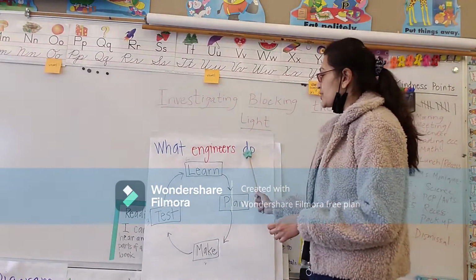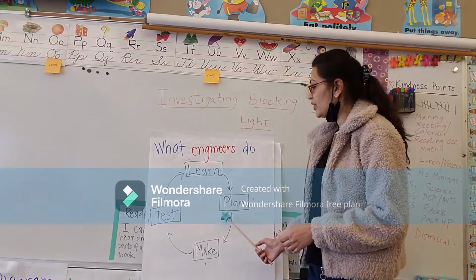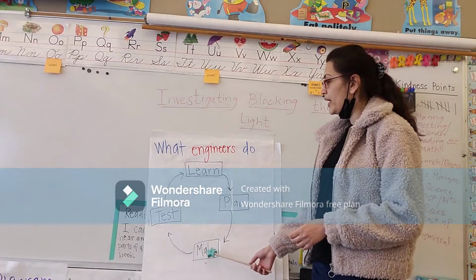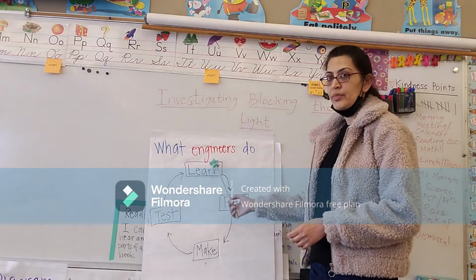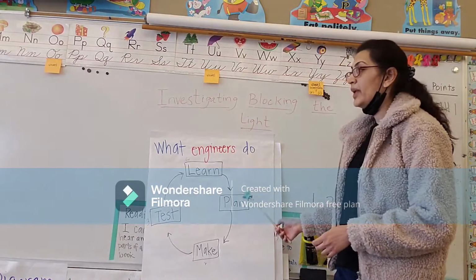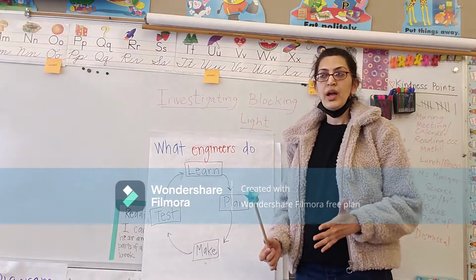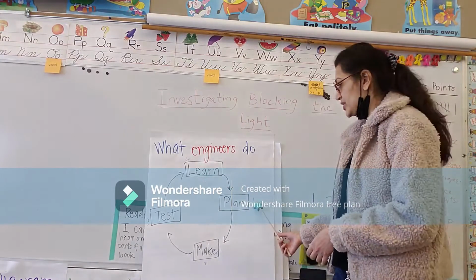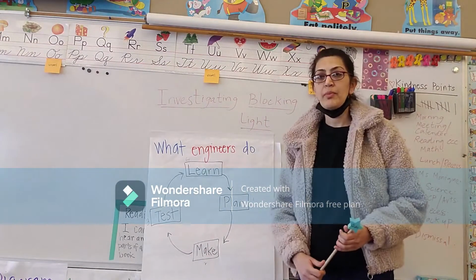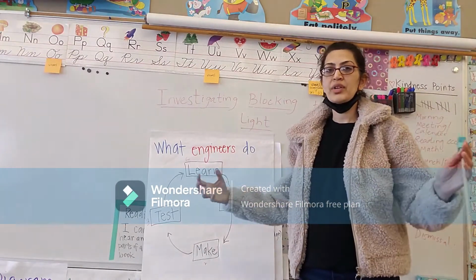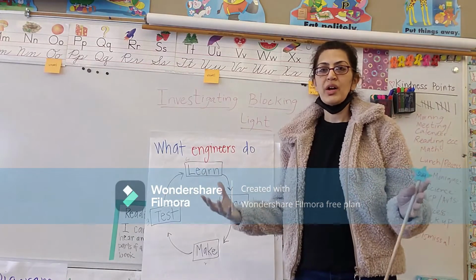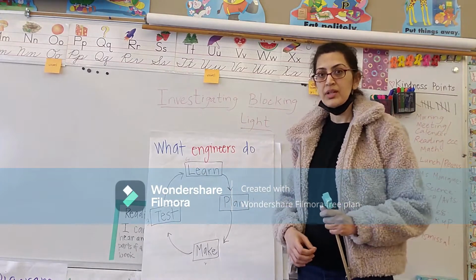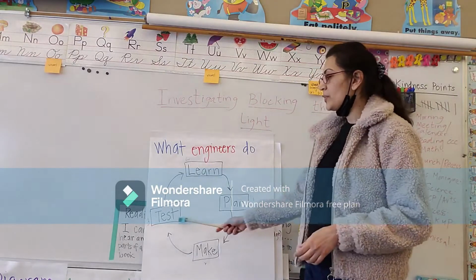So what do engineers do? Engineers plan, make, test and learn. First, they plan how they will do an experiment. Planning is the first step, and the second step is making. They have to collect the materials required for the experiment. The third step is test.